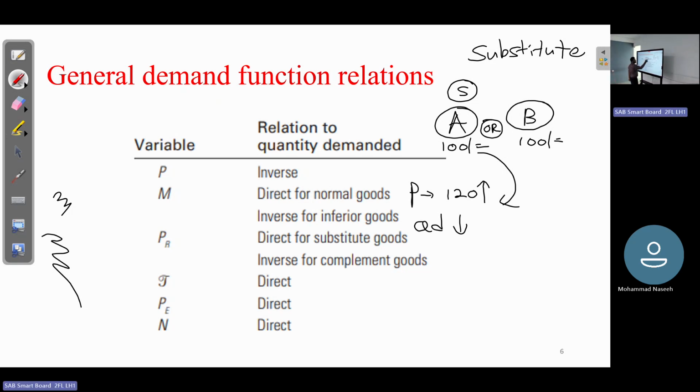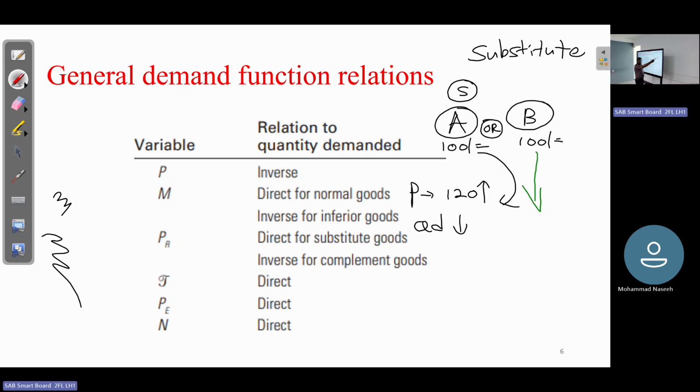Now tell me, what will happen to the price of B? Increase, decrease, not change? The answer is not change. Why is it not changing? Because the law of demand says when one factor is changing, all the other factors remain unchanged.